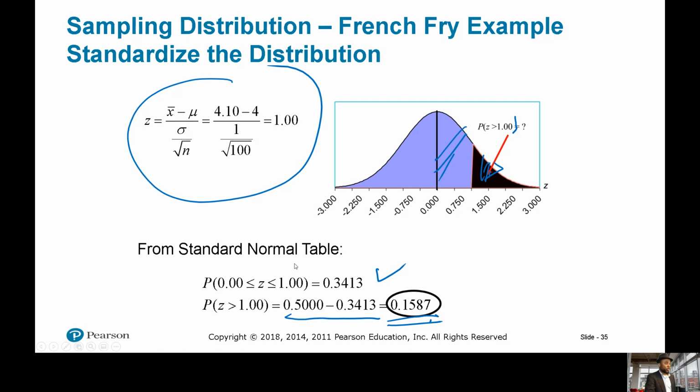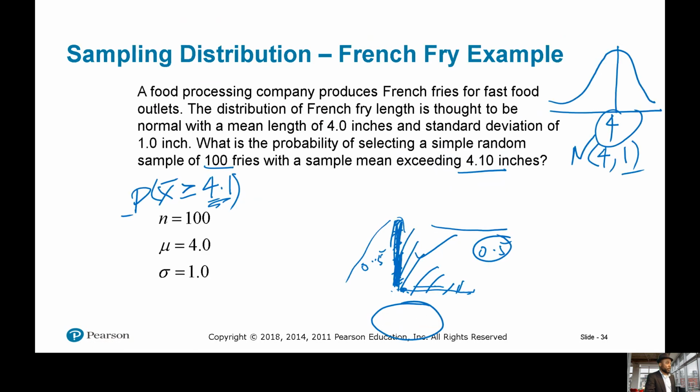That's what you should take into consideration. The standard deviation is 1, however you'll be entering the standard error, which is sigma divided by the square root of n.